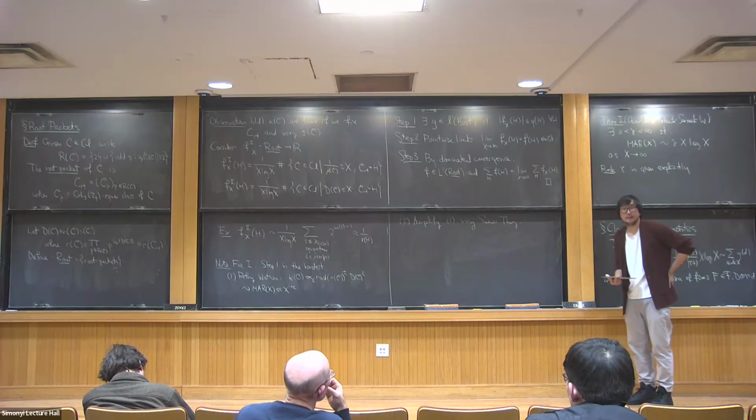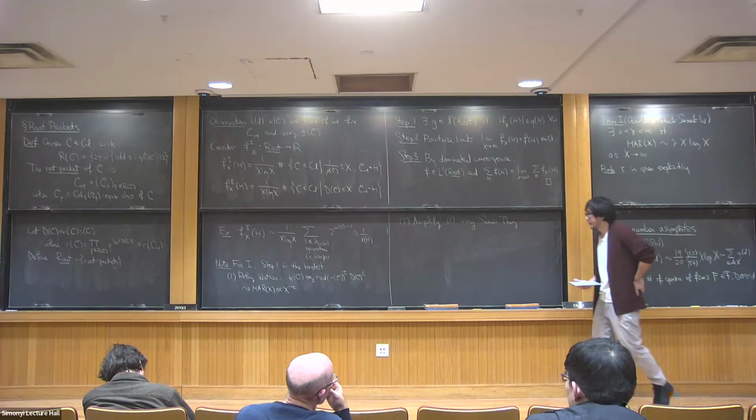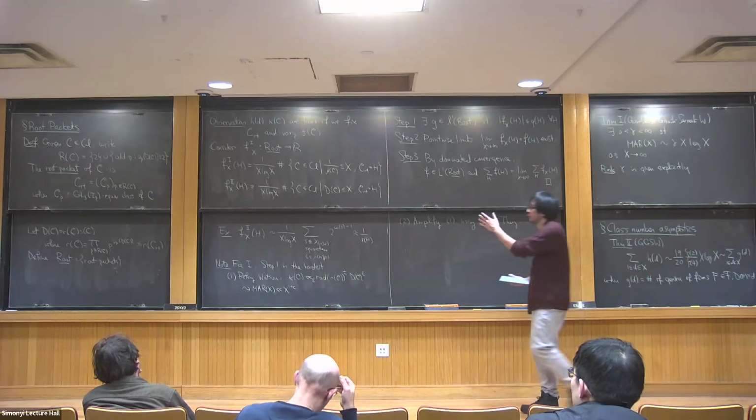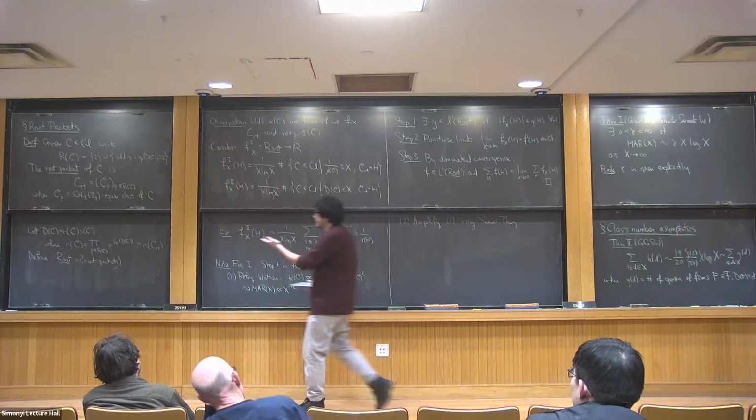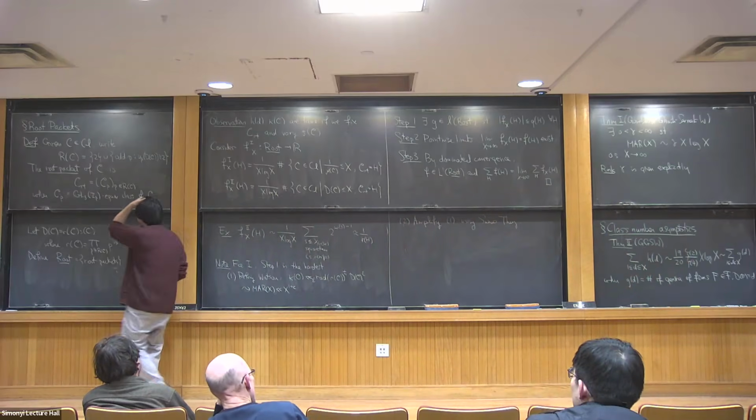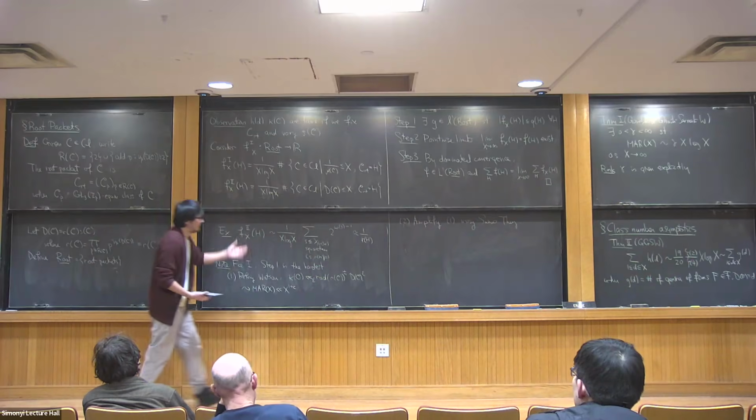Maybe I have a little less than 1 minute. I want to say that theorem 3 on this weighted sum of these classes for isotropic forms can be proved in this manner.